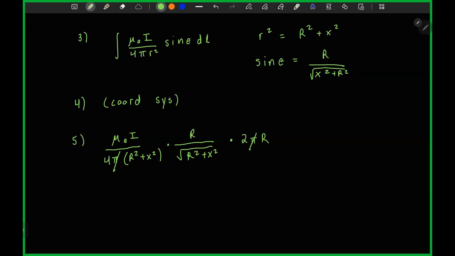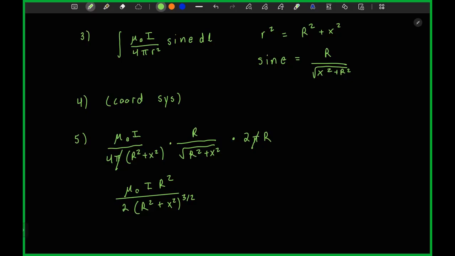And we end up with mu naught I R squared over 2 times R squared plus x squared to the 3/2. And lastly, of course, we can bring our direction back and remember that this is going in the negative i hat direction.